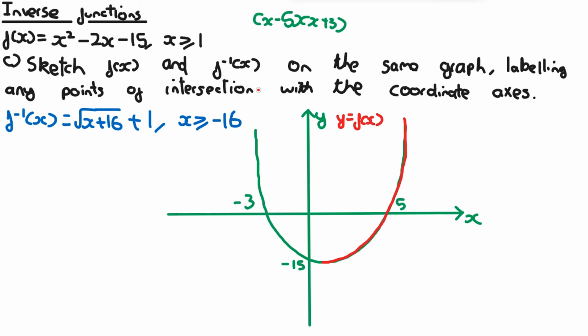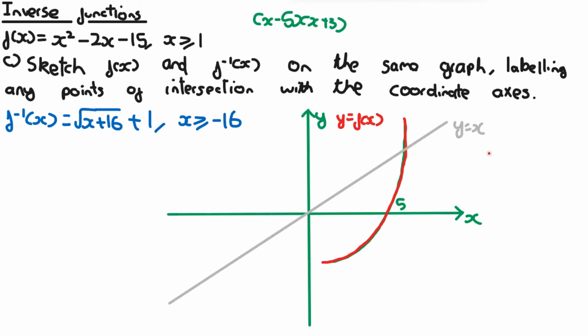So firstly, let's sketch y = x. So this is the line y = x, so therefore this graph will have to be reflected in this graph, and as this starts from somewhere down here, it will be somewhere like this. Don't include the green part that I just deleted, as that's not included in f(x), and we're reflecting only f(x).